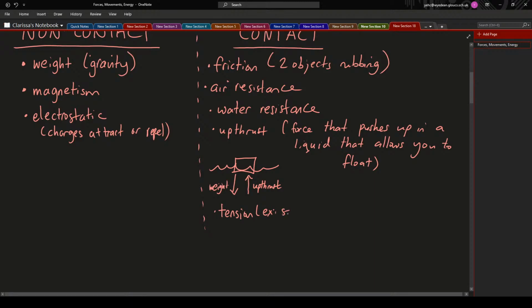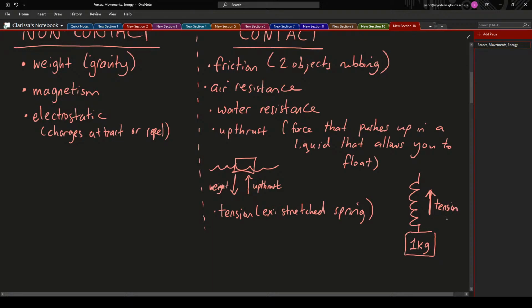Let me draw out this example. So let's say that there was a spring and we had a 1 kilo mass that's pulling on the spring. The spring is also exerting a bit of tension, trying to keep that object up. So that is the tension force there.